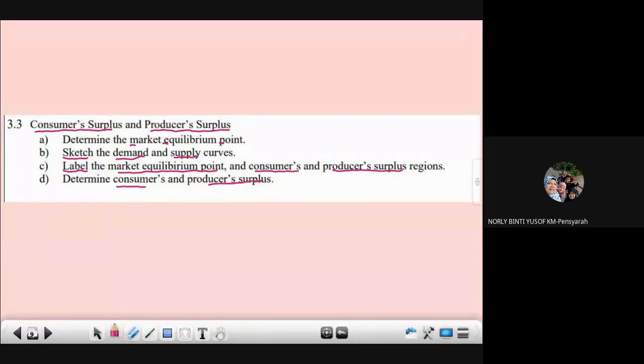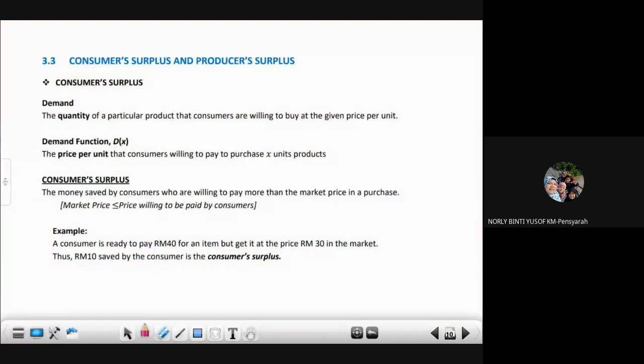So kita tengok pada first part of 3.3. So kita ada consumer surplus. Consumer surplus ni adalah dalam bahasa Melayu dia adalah lebihan pengguna. You pun familiar kan dalam you punya business and economy. Okay, demand pun samalah. Kita pun dah tahu demand dekat in 3.1 kan, PX kan. Cuma ni lebih kepada CS lah.